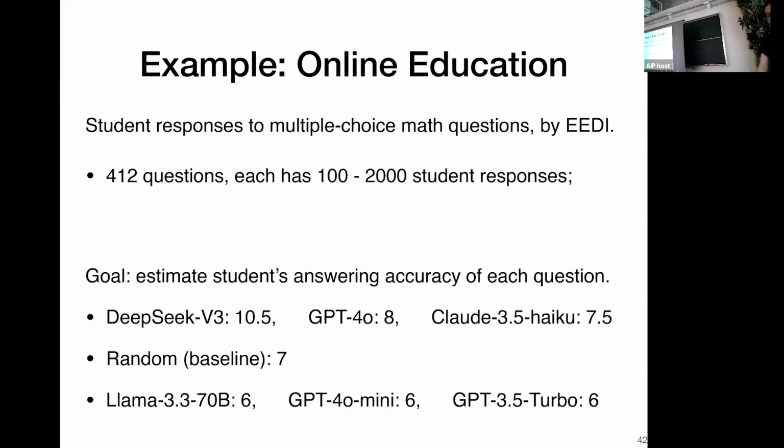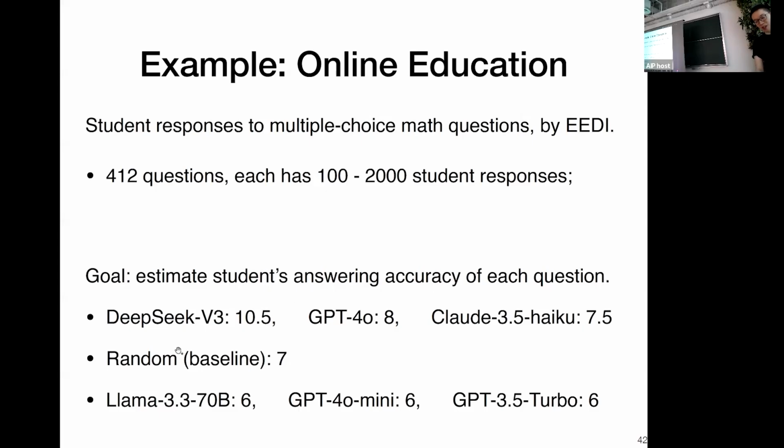It turns out for this one, the results are far from satisfactory. All of the models we tested have pretty low effective sample size. The first tier of models have sample size around 8 or 7.